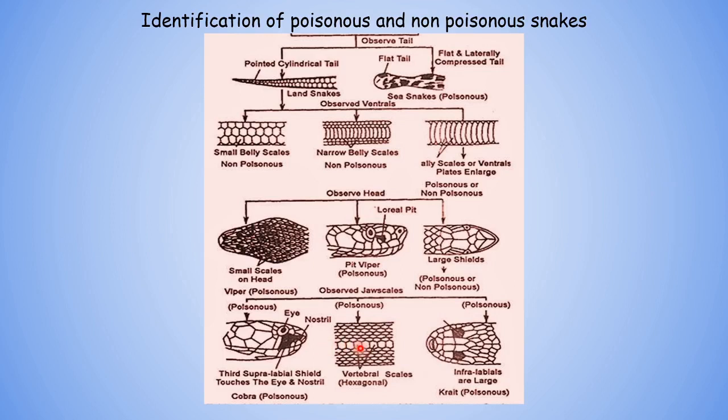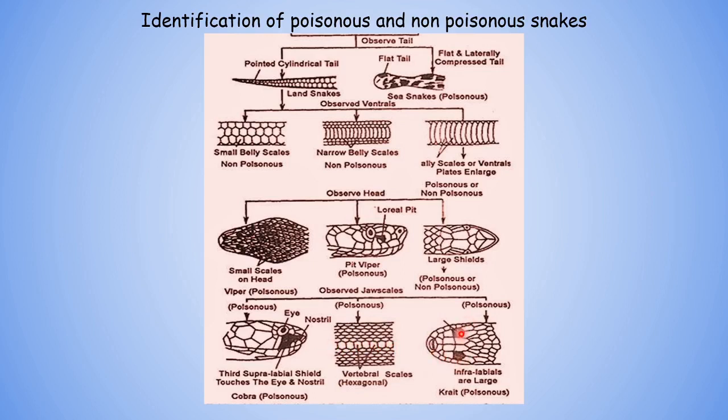The other scales will have the shape of normal scales, and if the central or vertebral scales are in the shape of a hexagon, it can be confirmed as a krait, which is poisonous. Kraits have this particular feature, that the vertebrals are hexagonal.